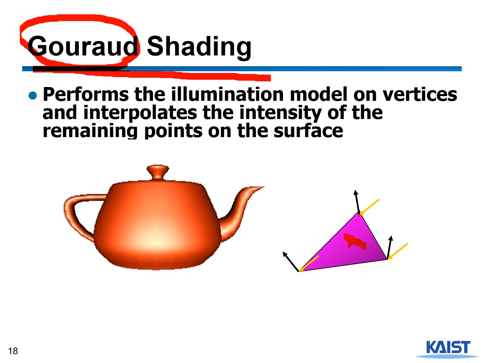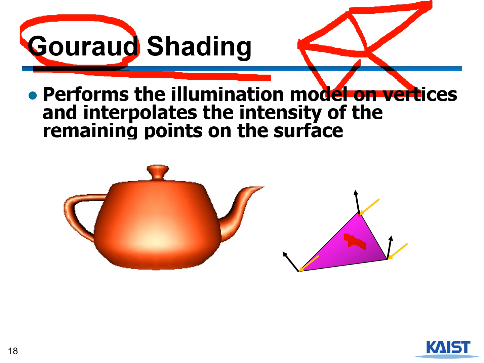For example, suppose we have a normal for each triangle. Then, given a vertex, we can look at the neighboring triangles and average out their normals to compute the normal at that vertex.